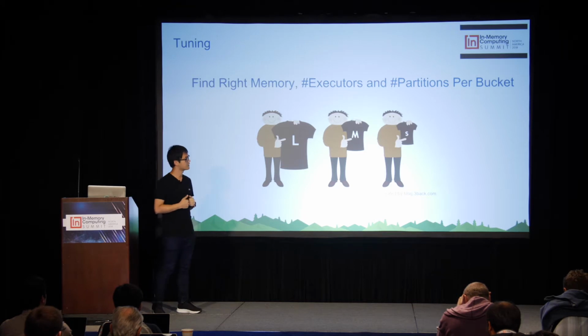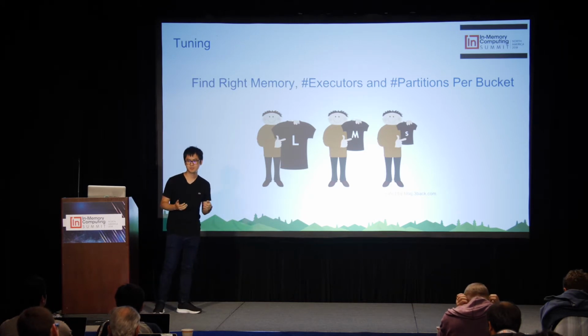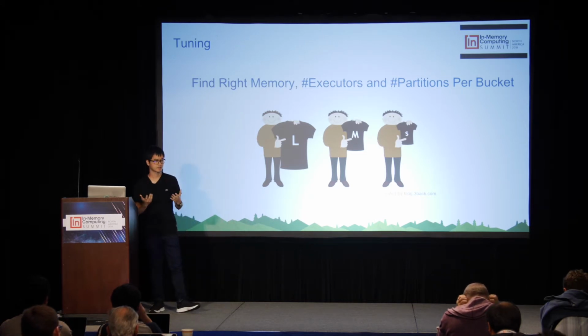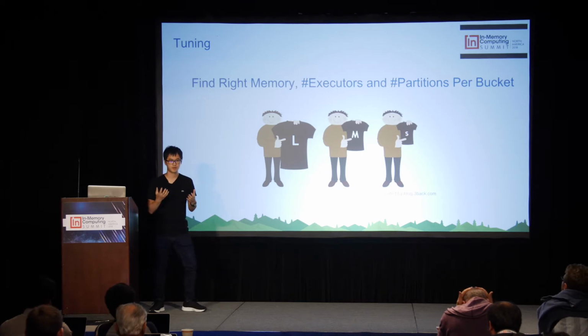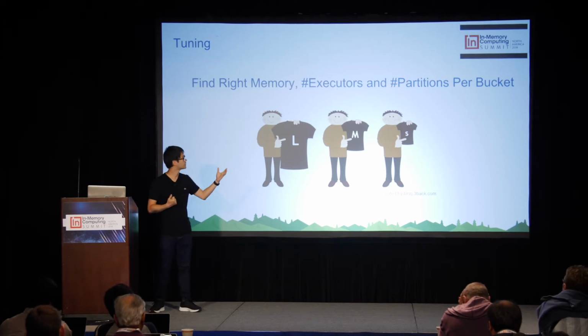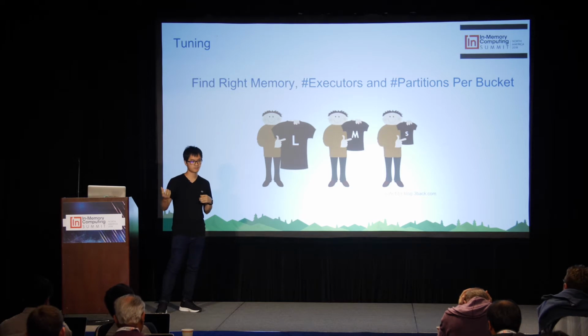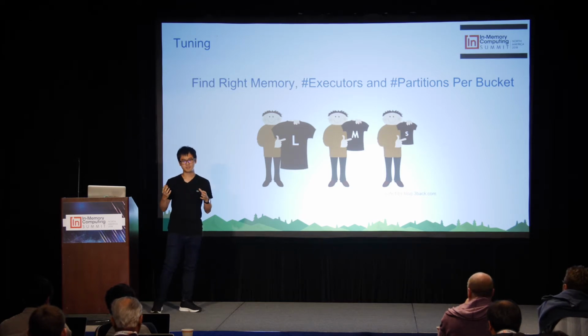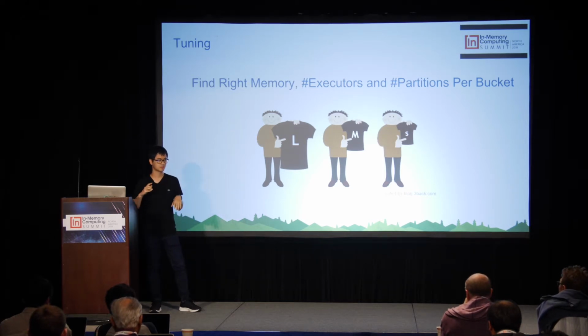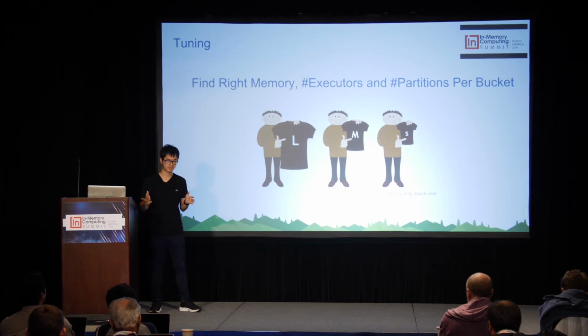Also, the last thing is we wanted to tune the partitions. As you know, when Spark writes or reads, it always works with RDDs and partitions. So partitioning is key when you write into the files, and we wanted to make sure the partitioning is reasonably designed for every bucket.